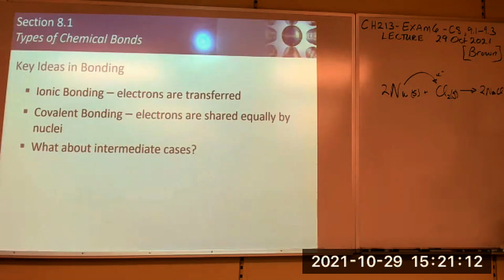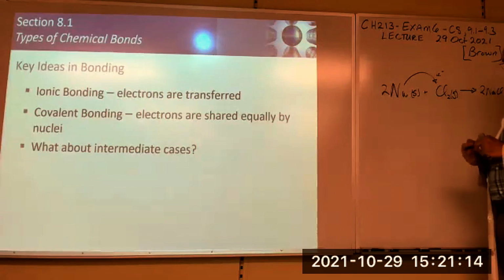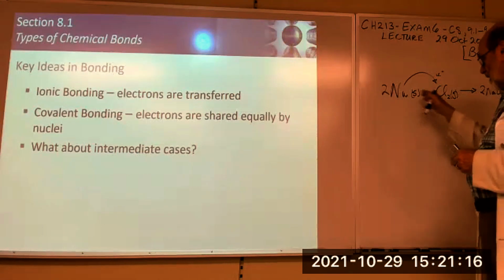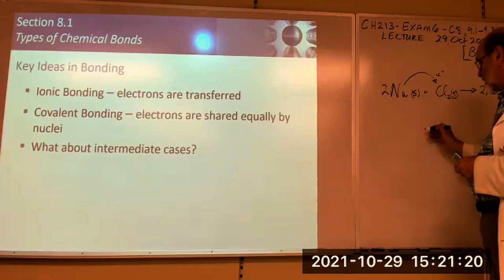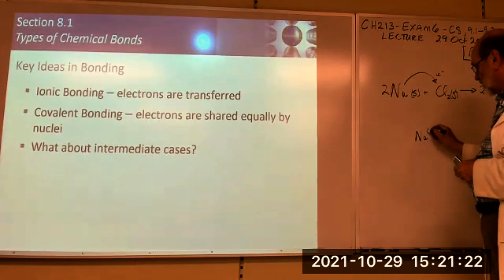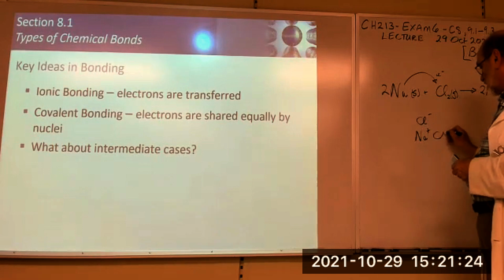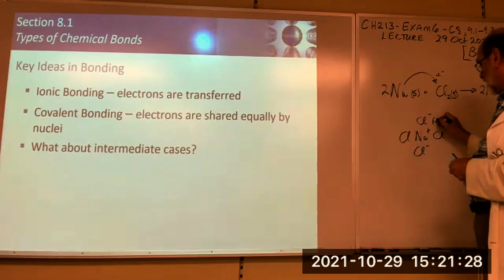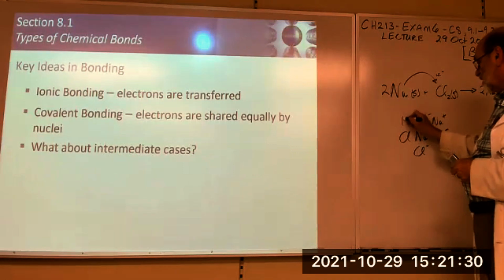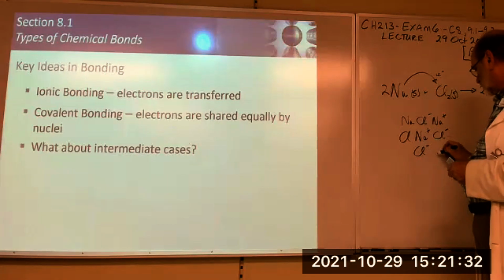In fact, if you look at sodium and chloride ion in their solid state, you see a crystal matrix with sodium ions surrounded by chloride ions. And similarly, each chloride is surrounded by sodium ions.